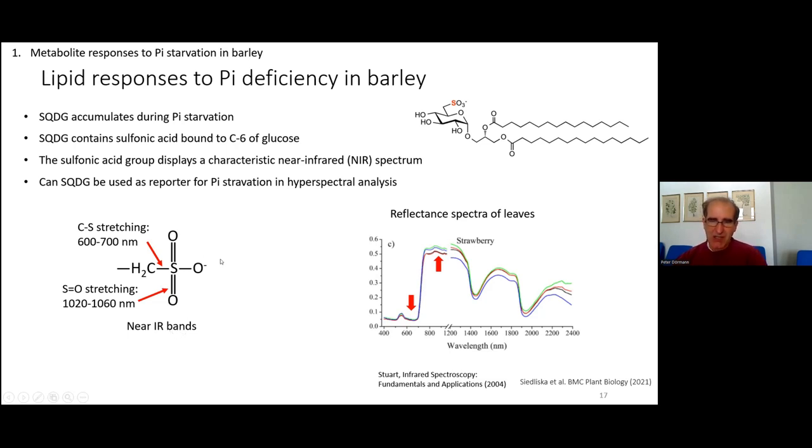This might be an idea for the future, the outlook: to look into whether this molecule can be taken as a reporter and might give rise to bands that might be visible in the near-infrared reflectance spectra, which have been recorded also here, taken from British literature, in strawberry, where you can see spectra taken from leaves.